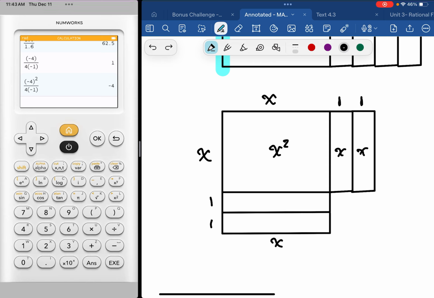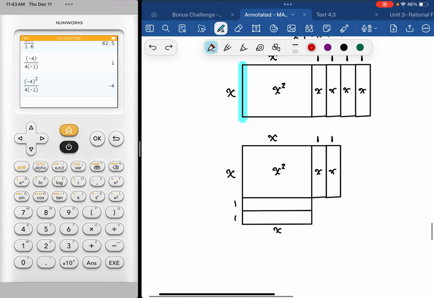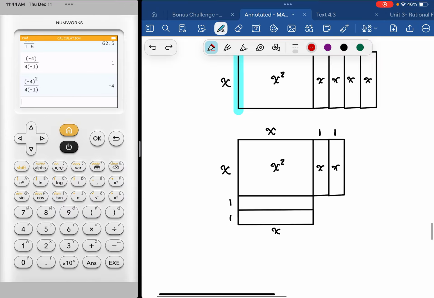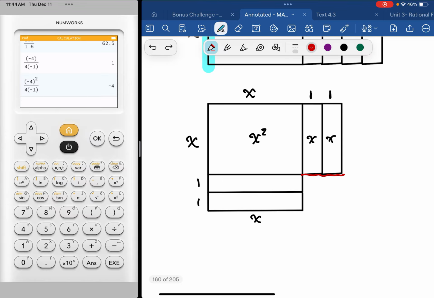So what I would then do is complete the square. Physically completing the square, I would need to know what this area would be in order for that to work out. I have a length here of 2, the 1 plus 1, and a width of 2.